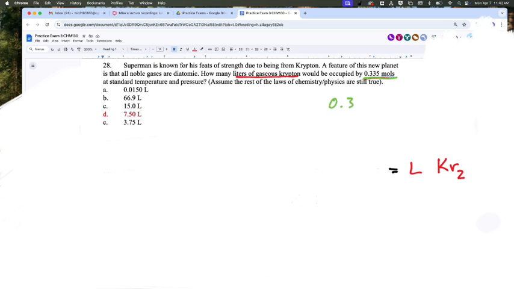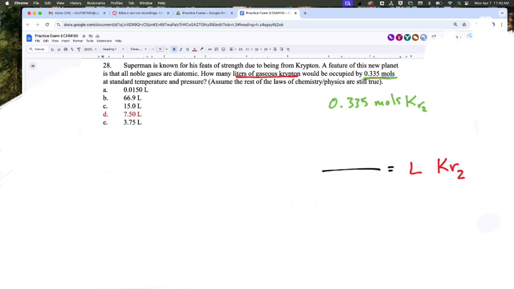So 0.335 moles of our gaseous Kr2. So we really only have one piece of given information. So let's just go ahead and drop that straight into the expression.